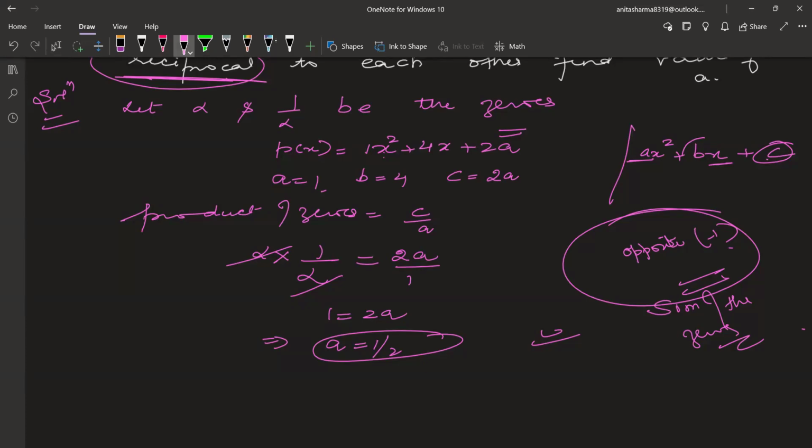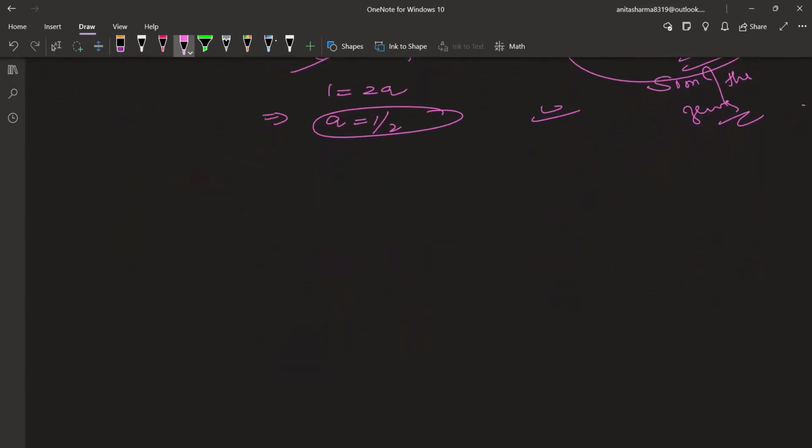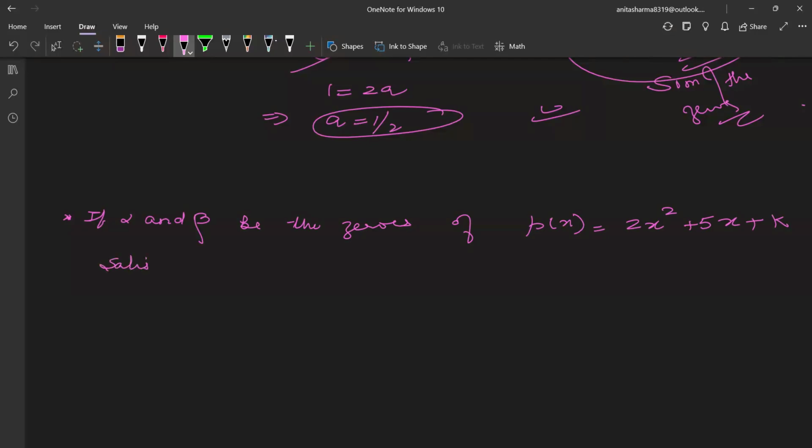Now suppose they will ask you that if alpha and beta be the zeros of polynomial 2x square plus 5x plus k, satisfying the relation.